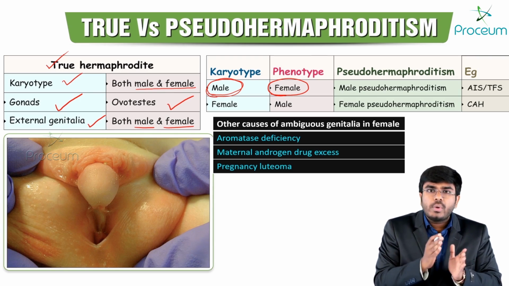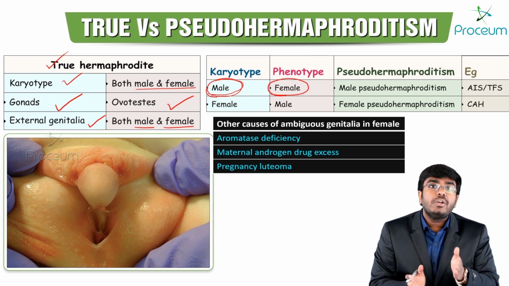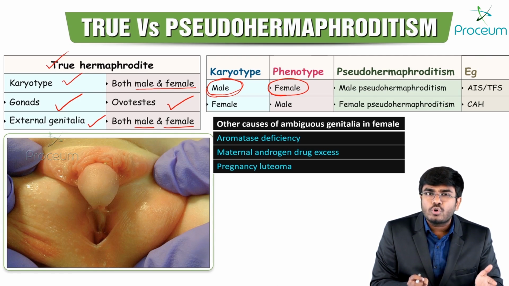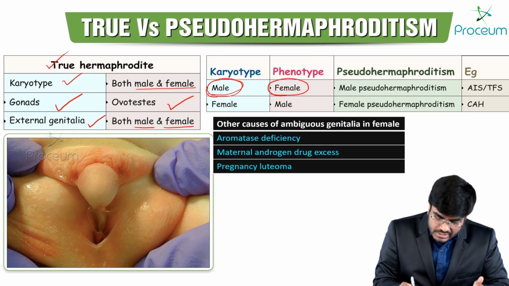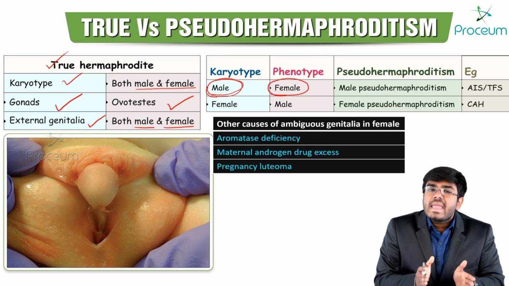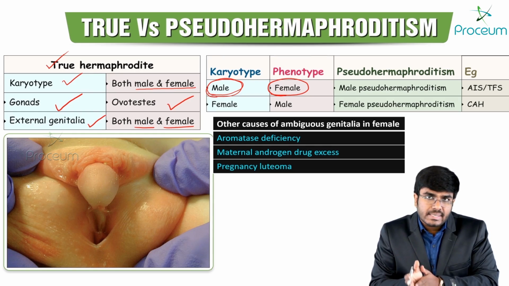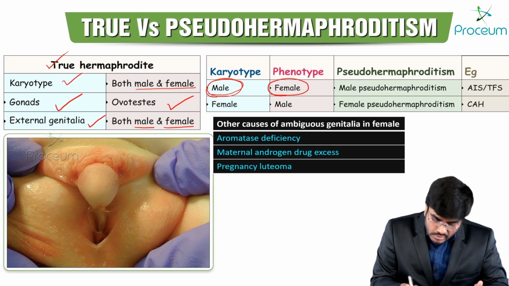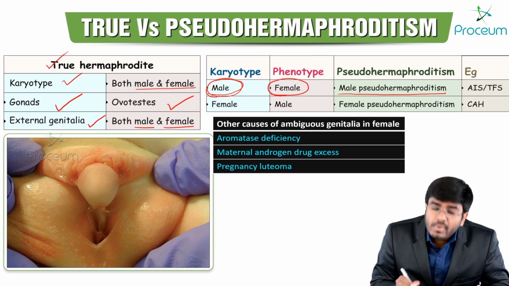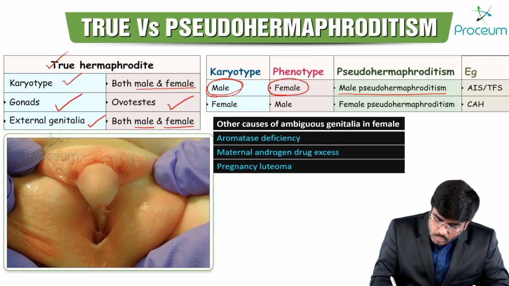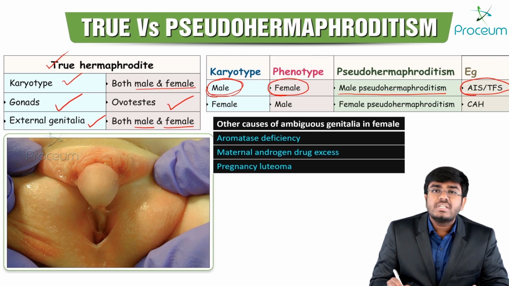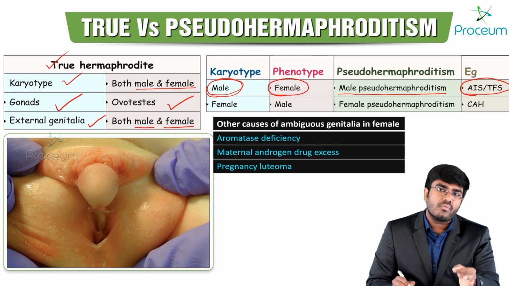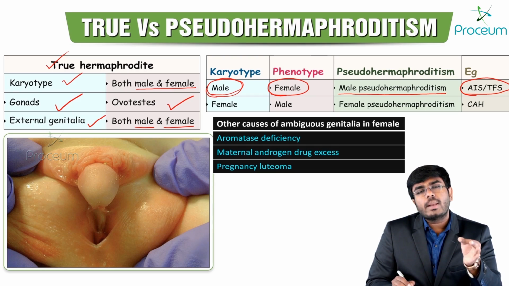A male looking like a female: androgen insensitivity syndrome, testicular feminization syndrome. So that condition is known as male pseudo hermaphroditism. A male who looks like a female is known as male pseudo hermaphroditism, and the most common example is androgen insensitivity syndrome. They can ask you, what's the most common cause of male pseudo hermaphroditism?